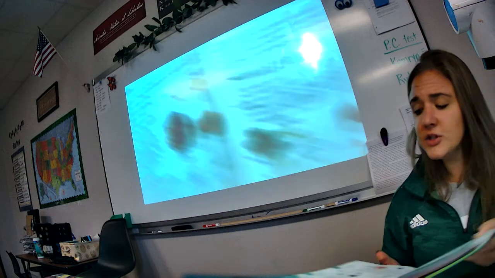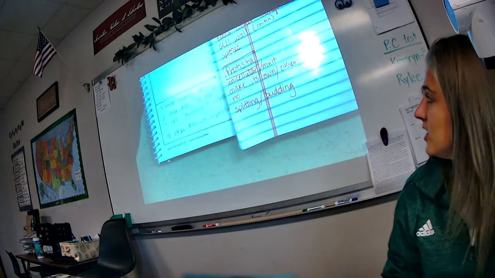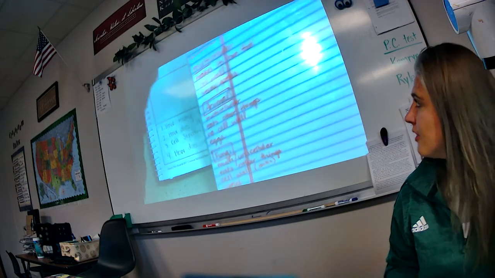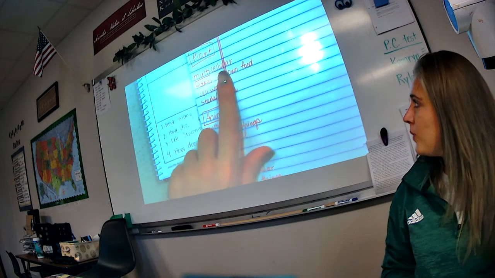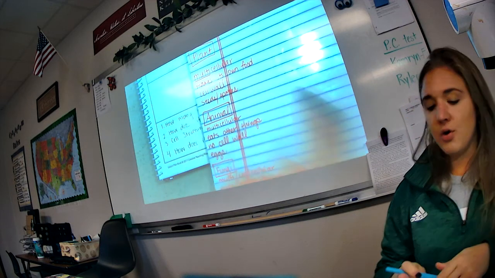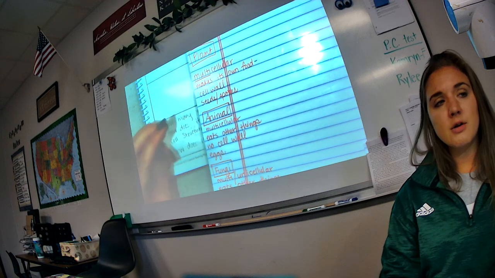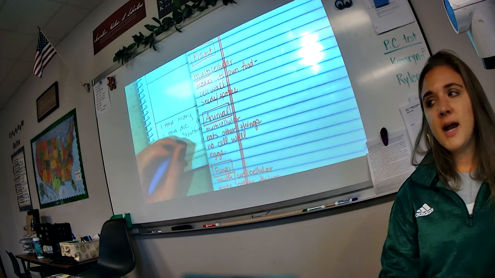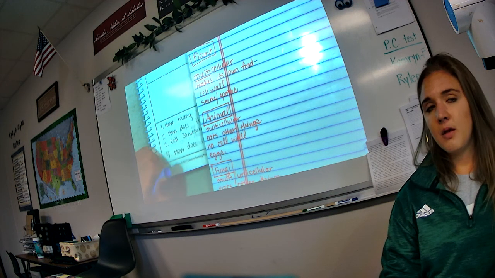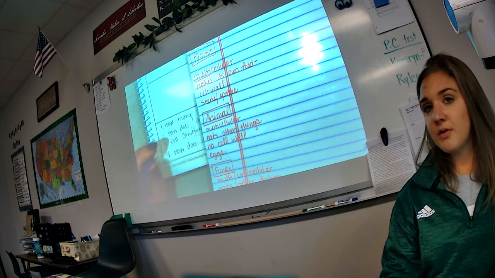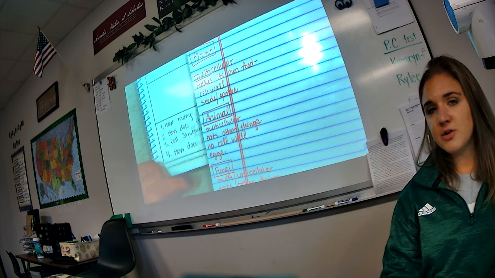So, if we go back and change these to either autotroph or heterotroph, what would we call the plant kingdom that makes its own food? What is the term for that? Autotroph or heterotroph? Raise your hand if you think autotroph. Raise your hand if you think heterotroph. Raise your hand if you didn't raise your hand.